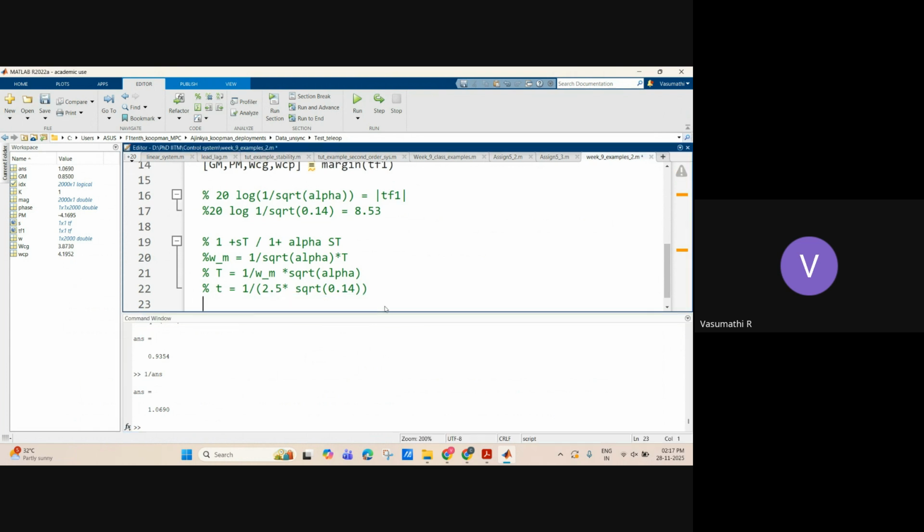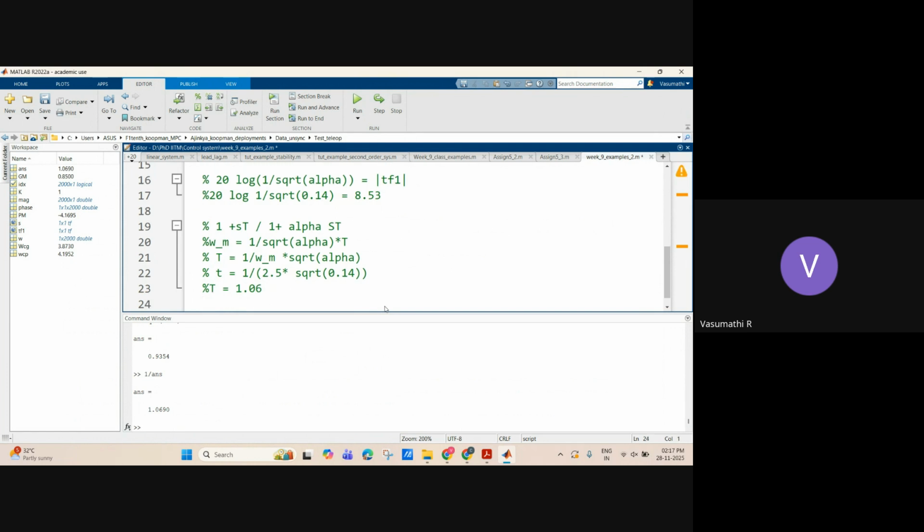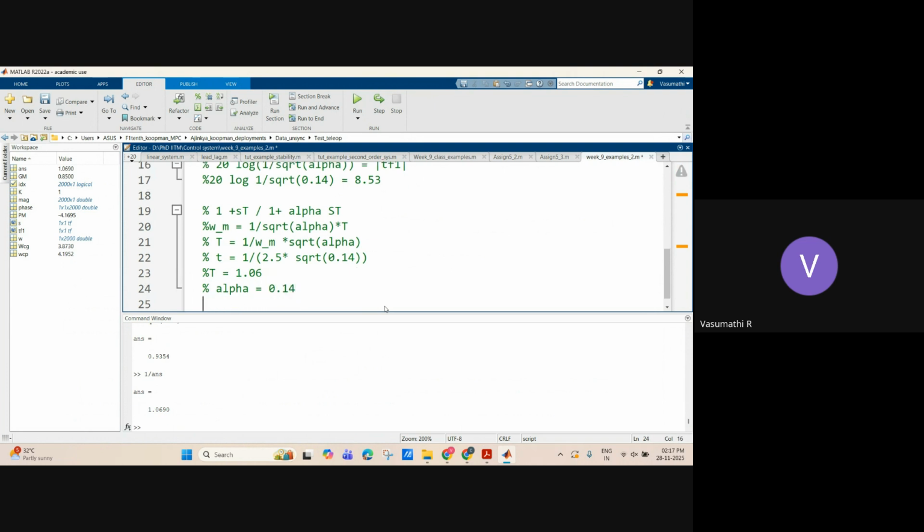That is your T, 1.06, your time constant. Alpha is 0.14, that we know.